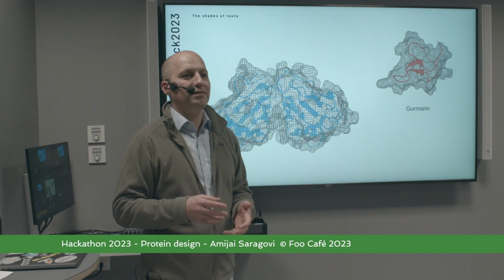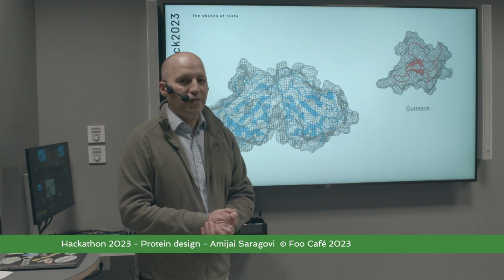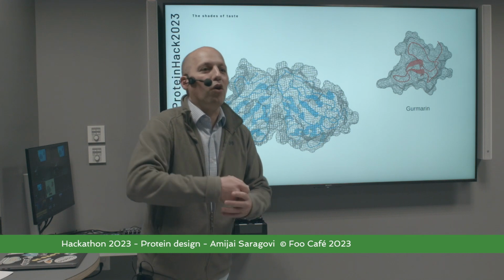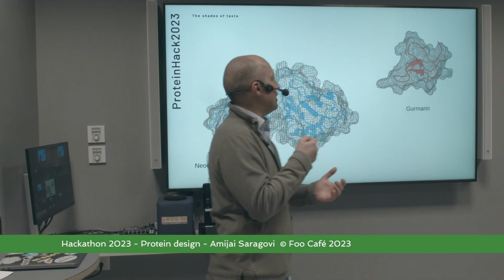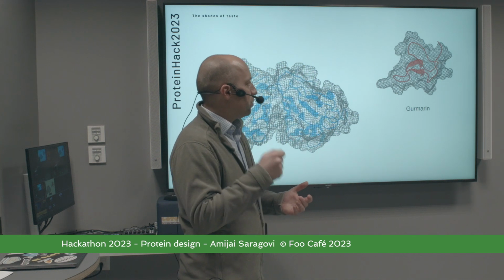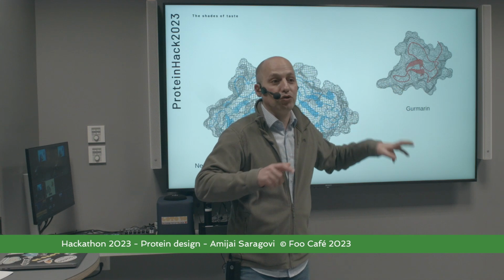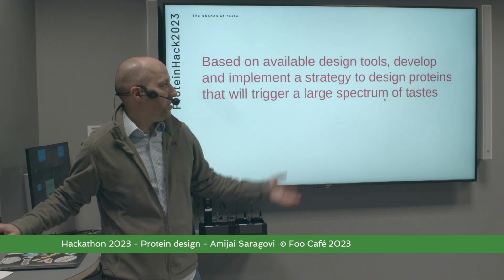And you can actually test it later on with AlphaFold, which is one of the models, and see if the protein that you designed actually docks, how it interacts with the receptor in comparison to the native protein. So you can test it to see how you change the properties of the protein. So that's challenge number 1.